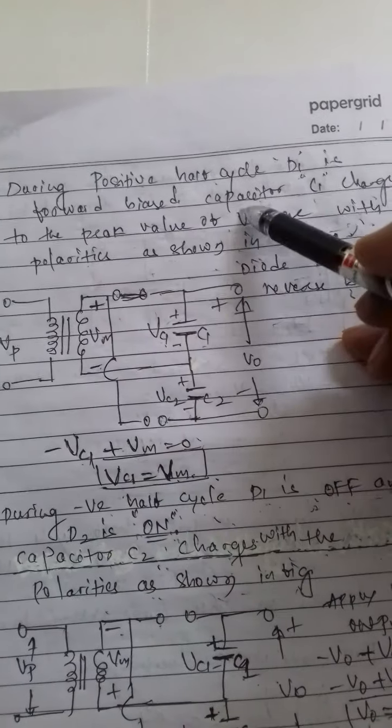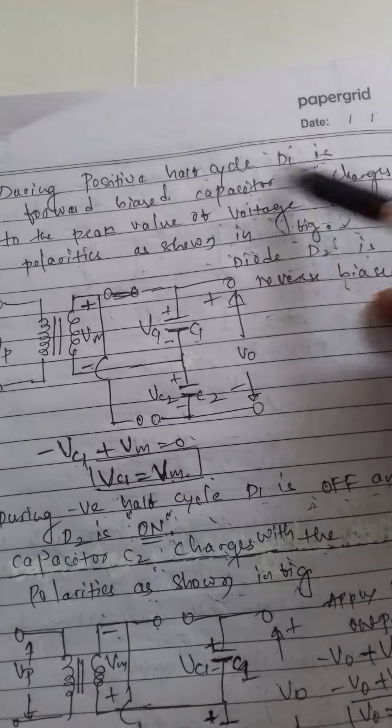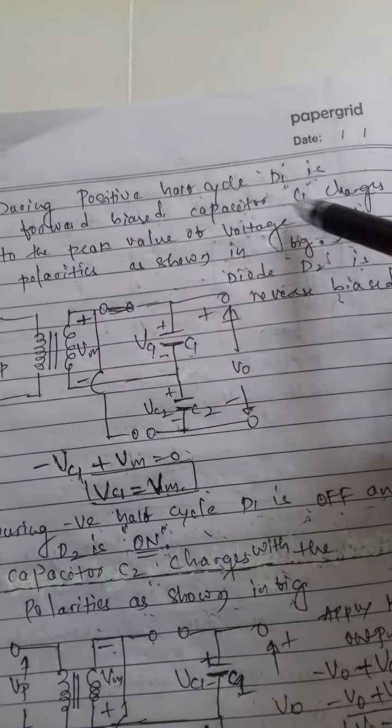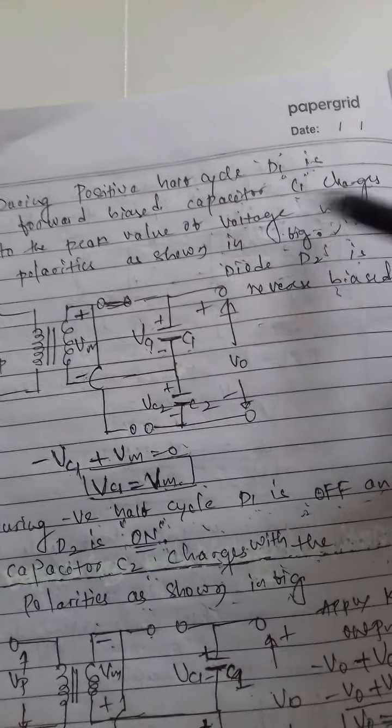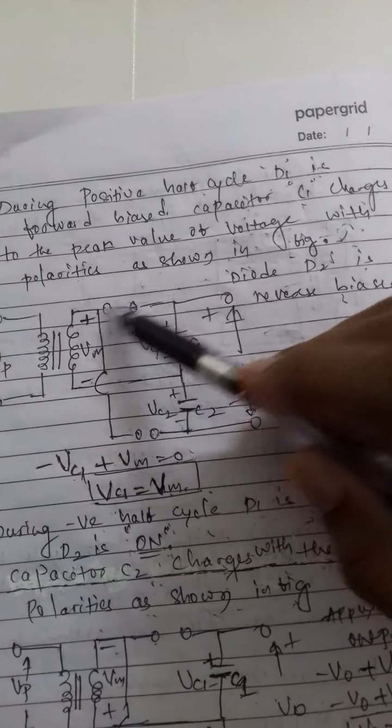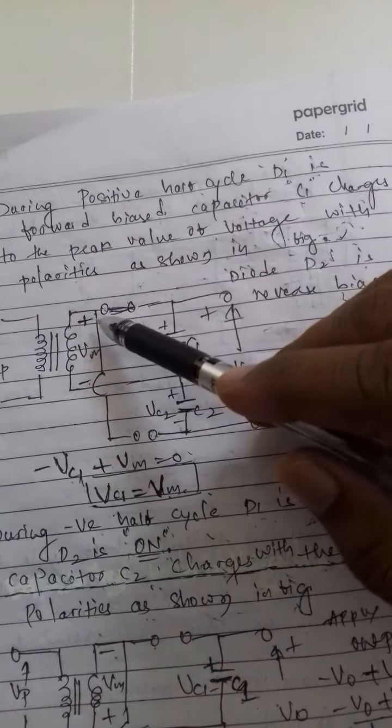During the positive half cycle, the diode D1 is forward biased and D2 is reverse biased. Capacitor C1 charges to the peak value of the voltage with the polarities as shown in the figure.